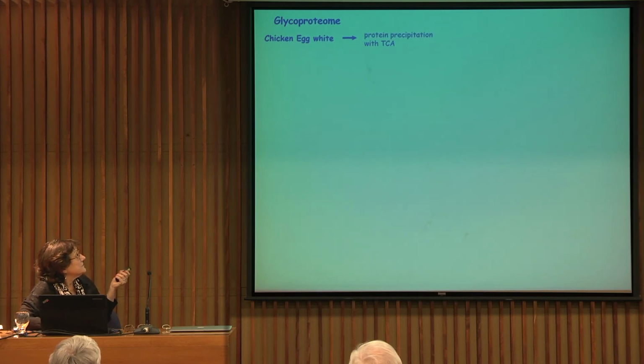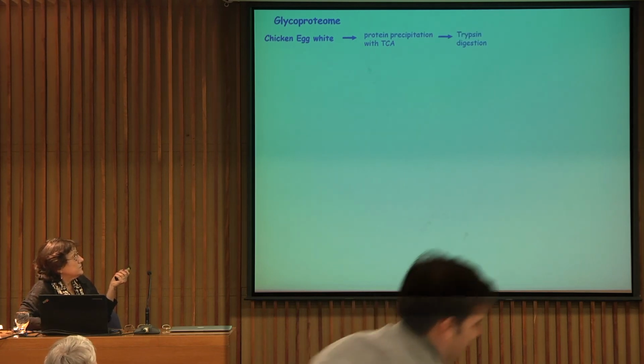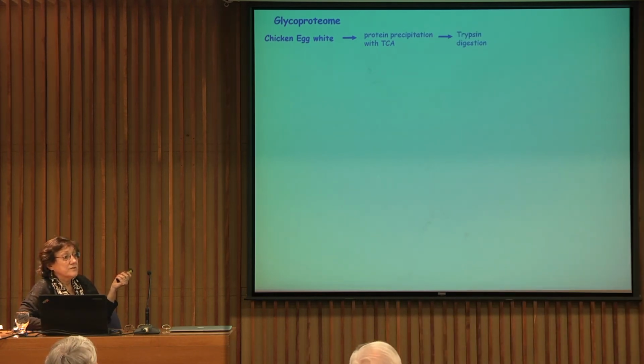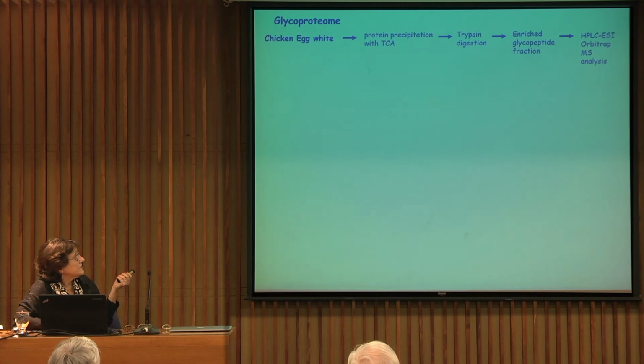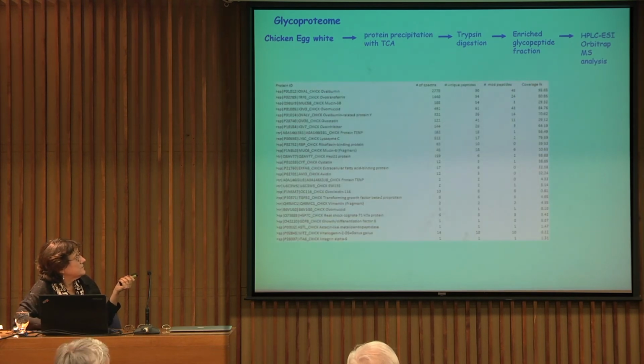We performed a precipitation with TCA of the proteins, and we took these proteins and performed a trypsin digestion. And this trypsin digestion was enriched in glycopeptides, and this glycopeptide fraction was analyzed by HPLC ESI mass spectrometry.